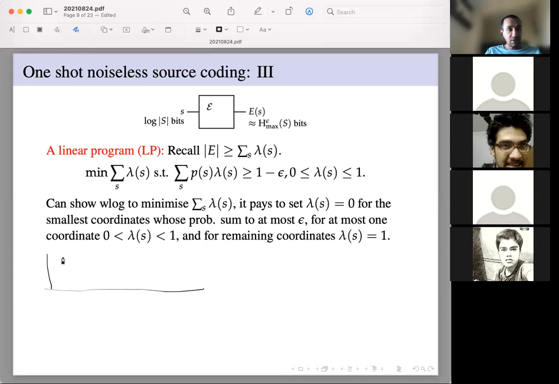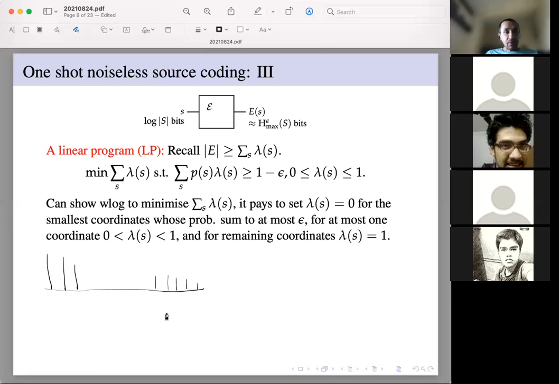These are the probabilities. And these are the smallest probabilities at the very tail.